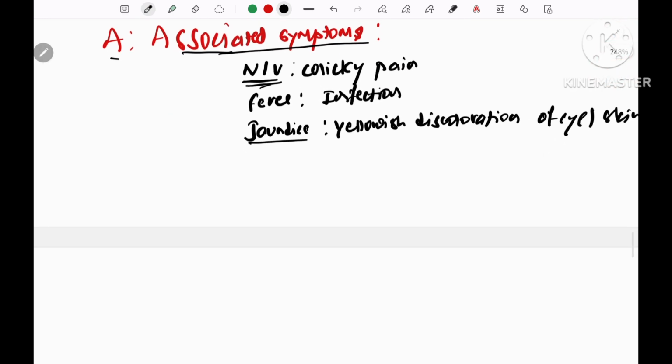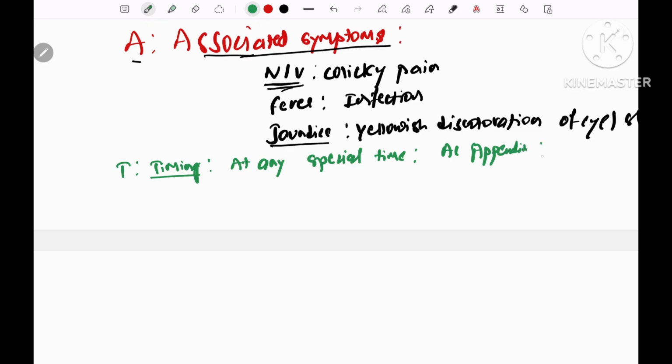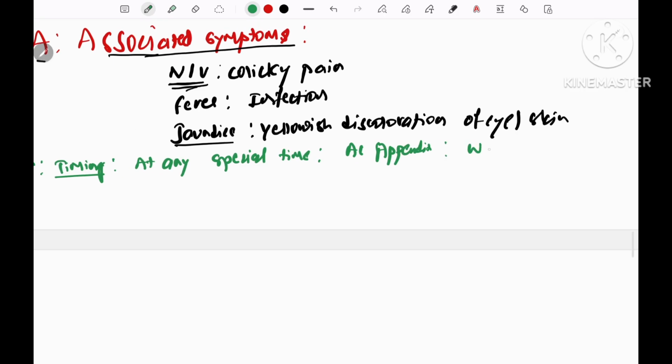Now talking about T. T means timing. Is the pain occurring at any special time or not? Like acute appendicitis pain, it is usually on waking up in the morning.